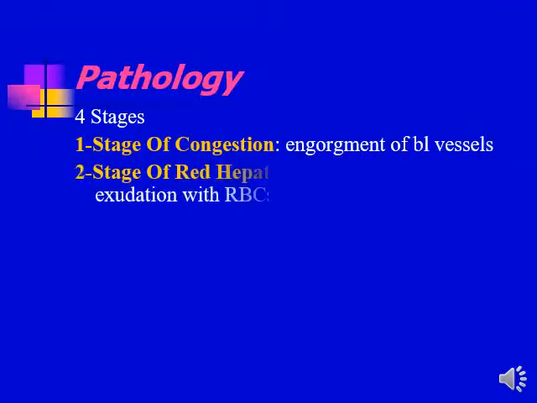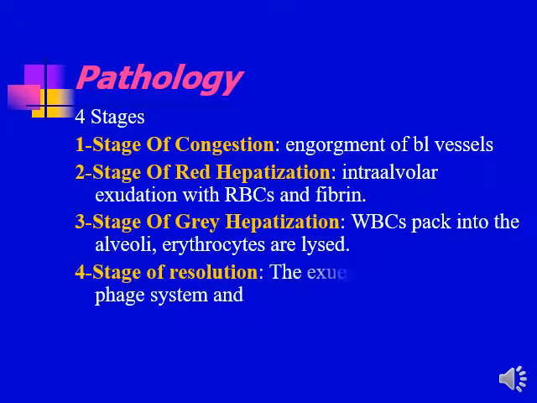What about the pathology? There are 4 stages of pathology in pneumonia cases. First of all, inflammation. For inflammation, there is engorgement of the blood vessels and congestion affecting the lung parenchyma, which is mainly the alveoli. First, the blood vessels are engorged and vasodilated.